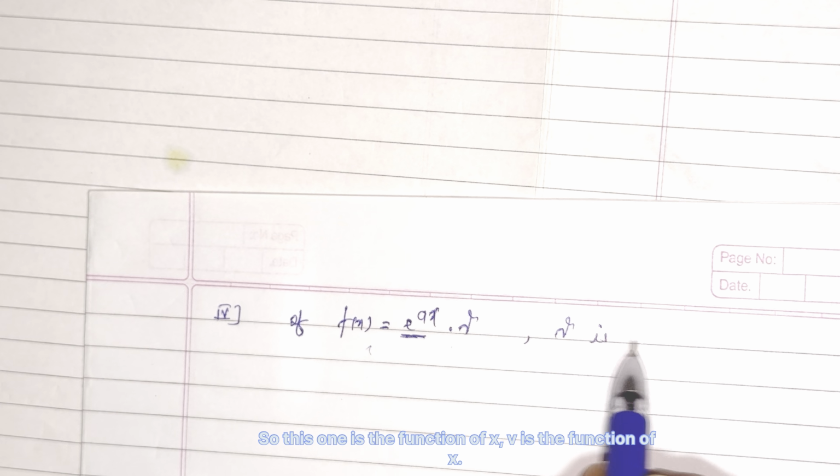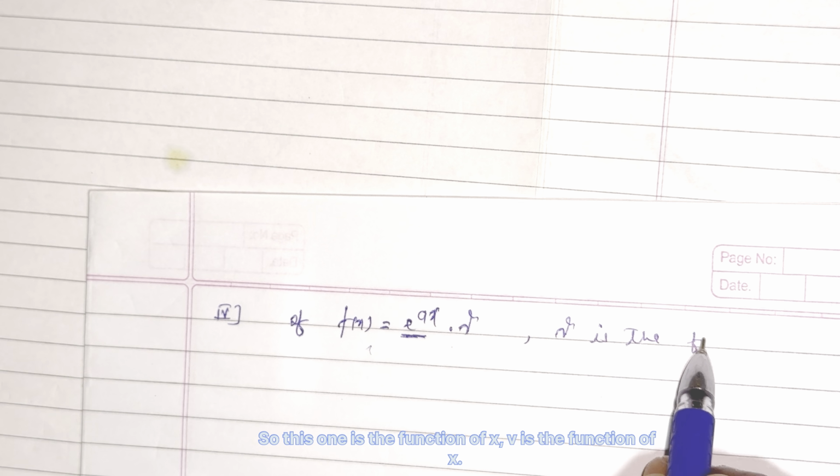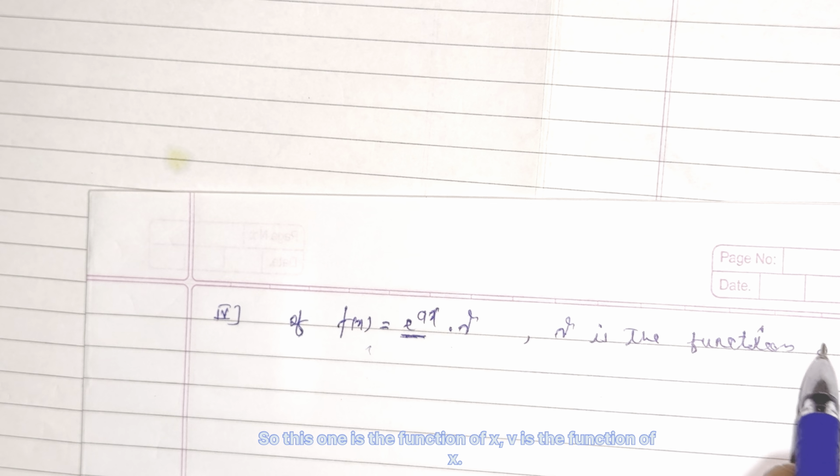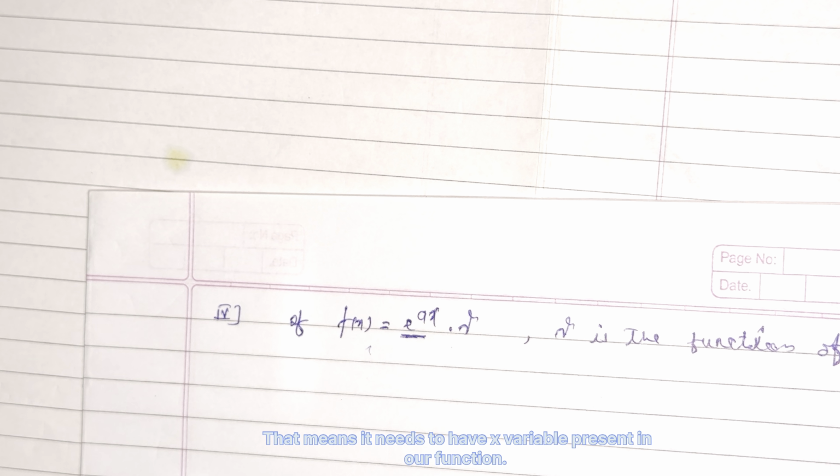V is a function of x. That means it needs to have the x variable present in our function. So whenever you have f of x as e raised to ax into v, how can you deal with it? Here f of x means we take the right hand side.